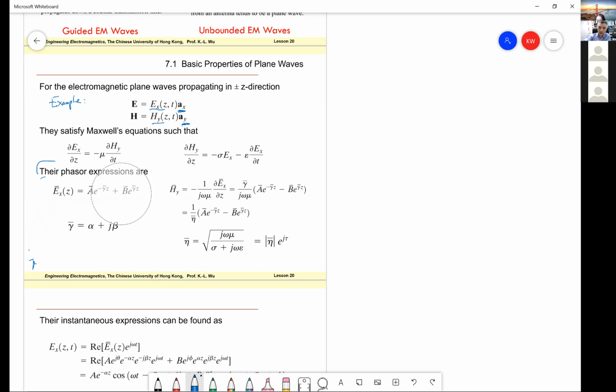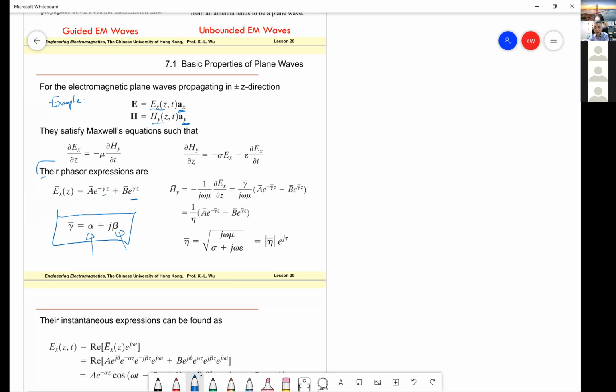So when we look at the exponential function, gamma is a propagation constant, which involves the attenuation factor and the phase constant. We have discussed this in a lot of detail, so we don't repeat.